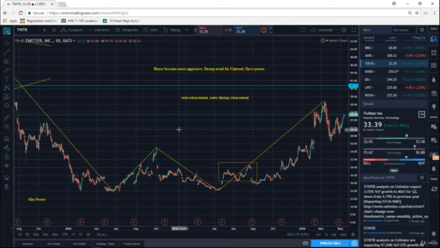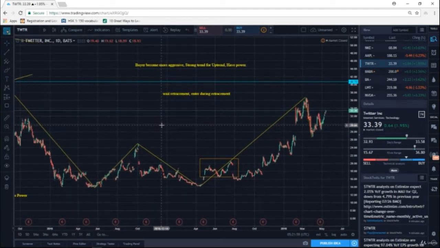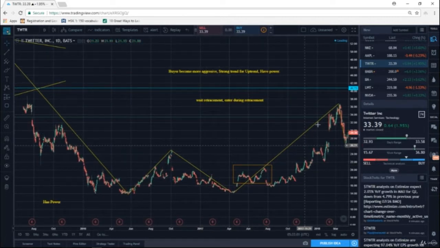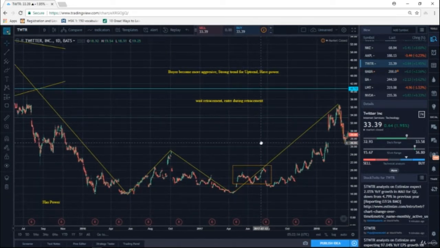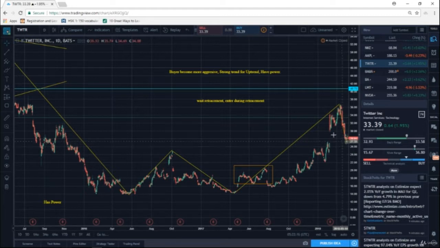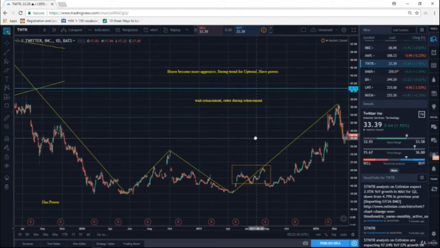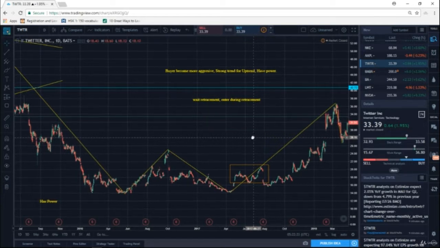You can see that there is a retracement and the trend becomes longer and has more power compared to the previous trend. What we are trying to do is get an entry at this position. Assume that we are seeking to enter at this point.